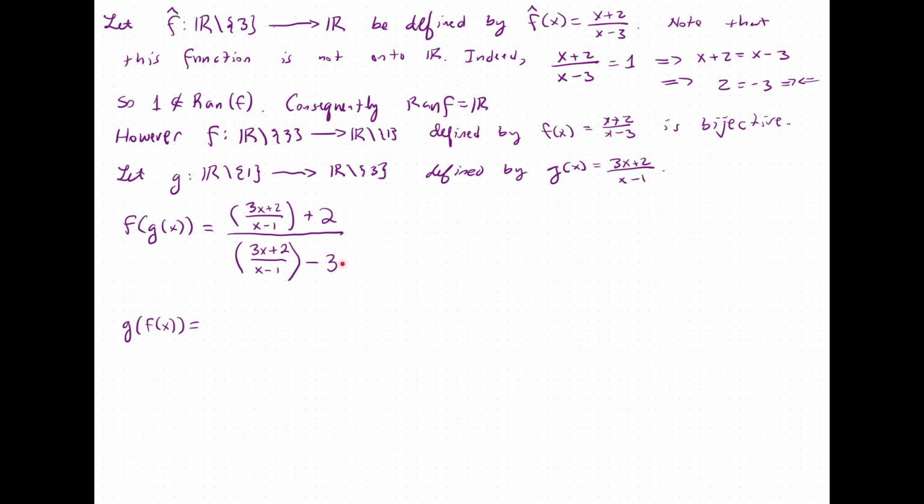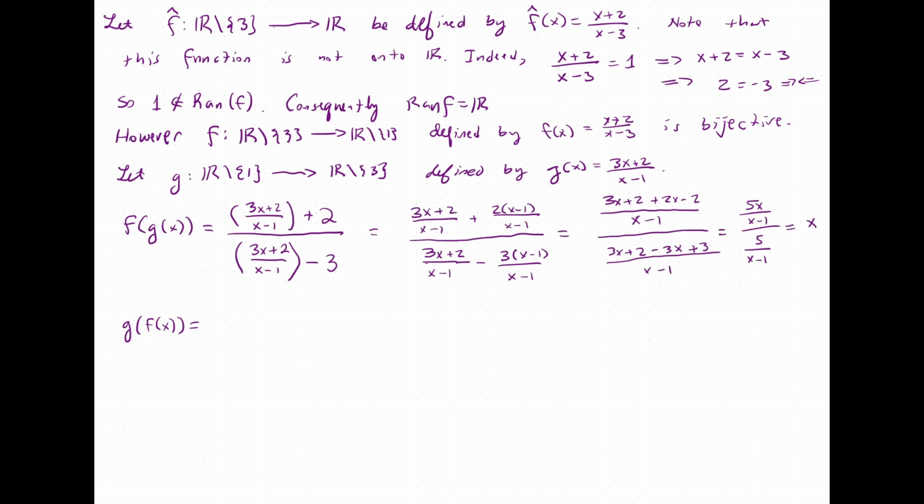So we're going to multiply by x minus 1 over x minus 1. And then similarly, we're going to multiply 2 by x minus 1 over x minus 1. So we're just multiplying by 1 cleverly so that we can continue to simplify this expression. And that gives us this here. And then upon simplifying the algebra, we get 5x over x minus 1 over 5 over x minus 1, but then that simplifies to just x.